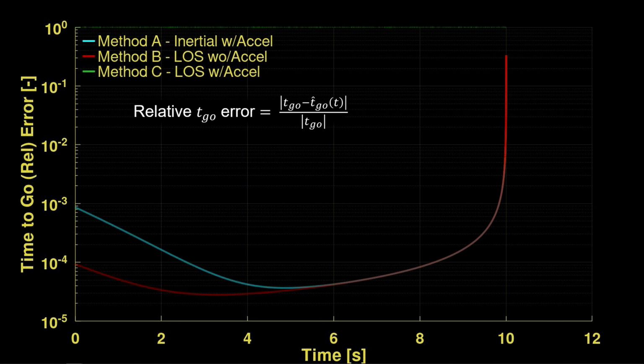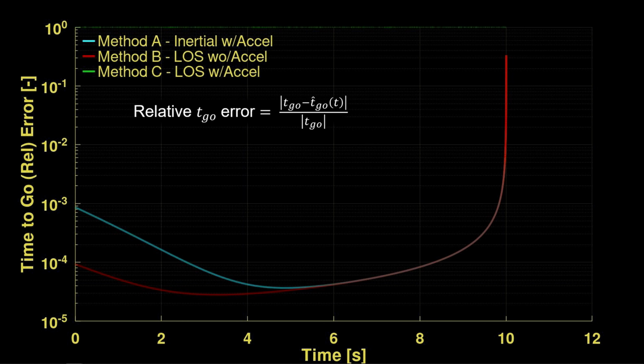The reason is that the numerator converges to approximately 1e to the minus 4 at about 5 seconds, just as we saw. But the denominator, the actual time to go, continues to decrease to 0.